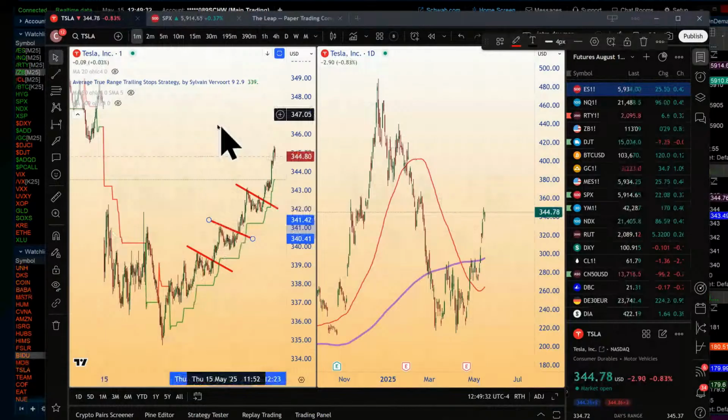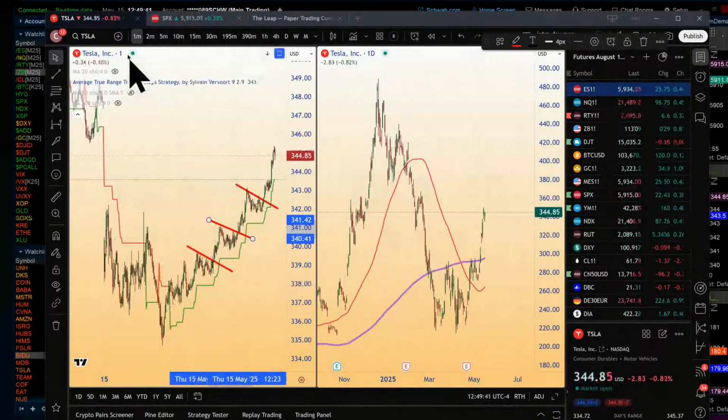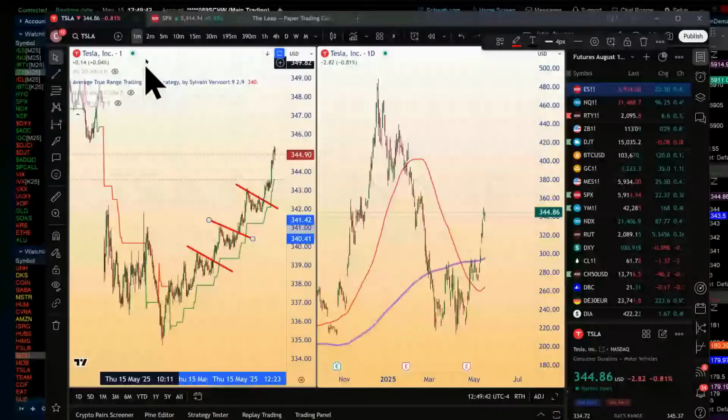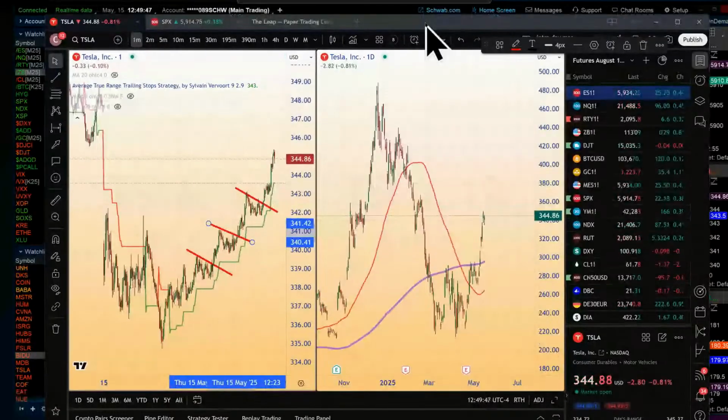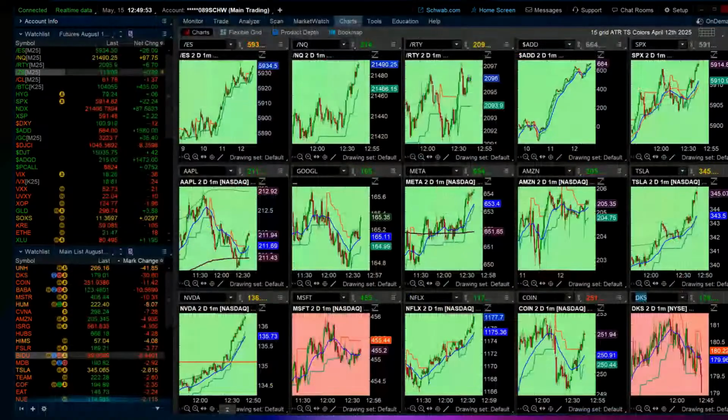What else? It was over this ATR trailing stop. So a bull flag in an uptrend is more likely to work, even on a 1 minute chart. And it did. So that's pretty cool.